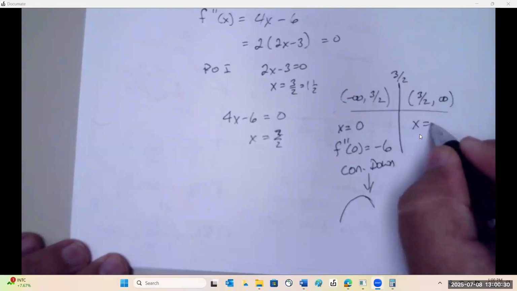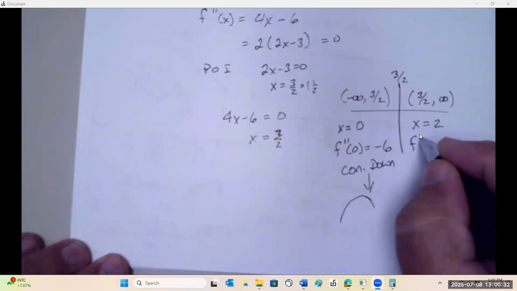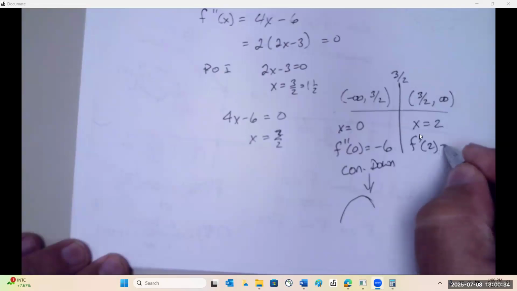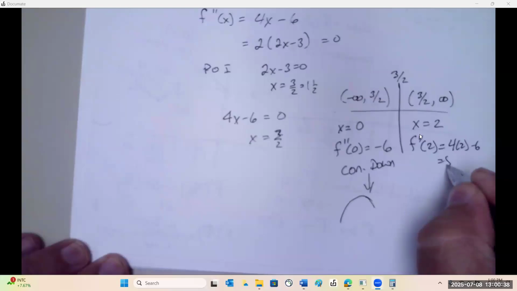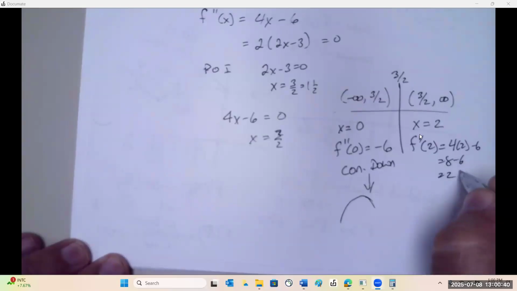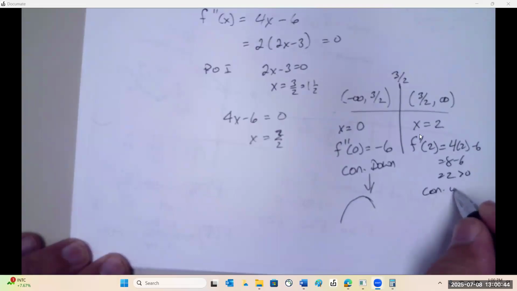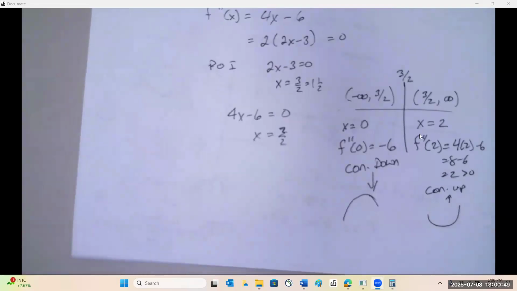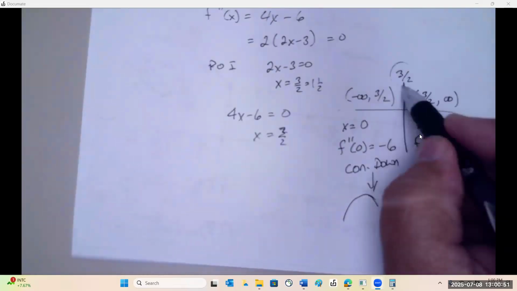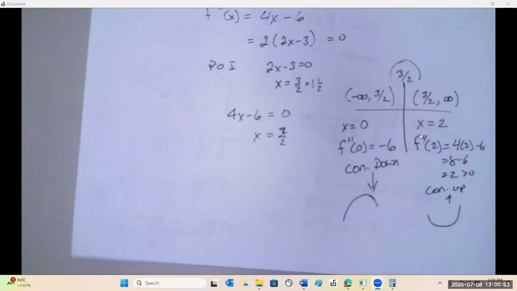On this side, I pick 2. So my second derivative at 2 is 4 times 2 minus 6. It's positive, so it's concave up. It will look like this. It's just that at the point x equals 3/2, that's where the 2 join.